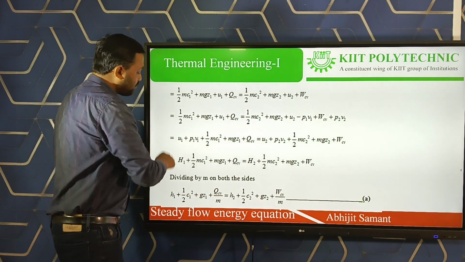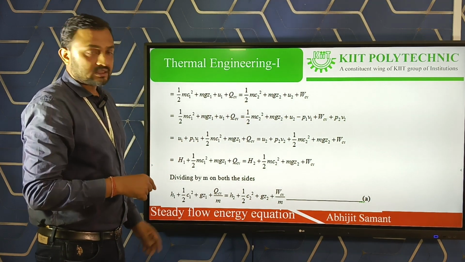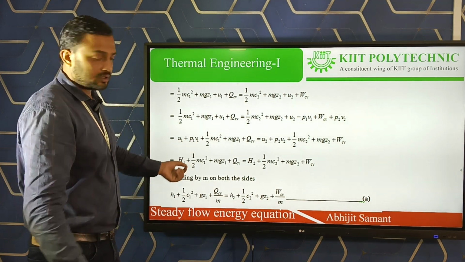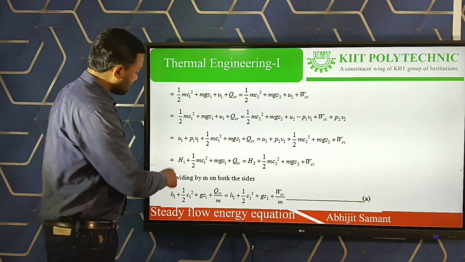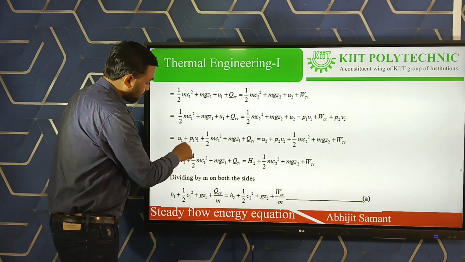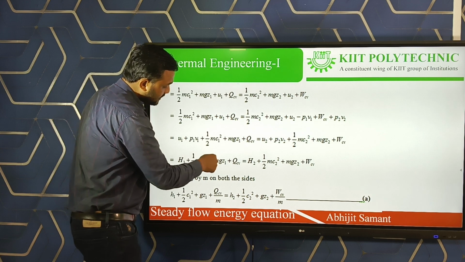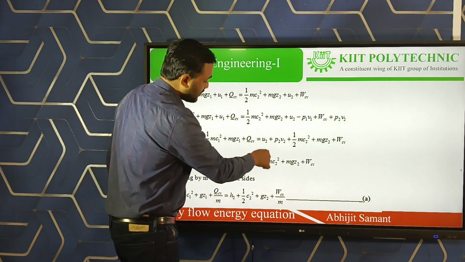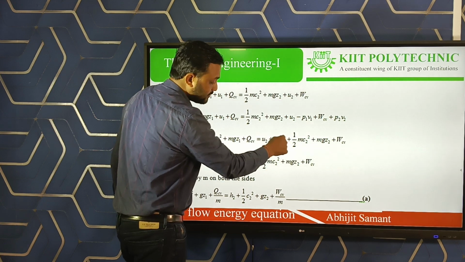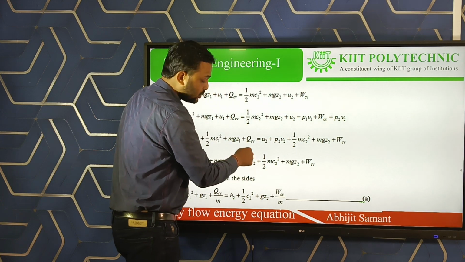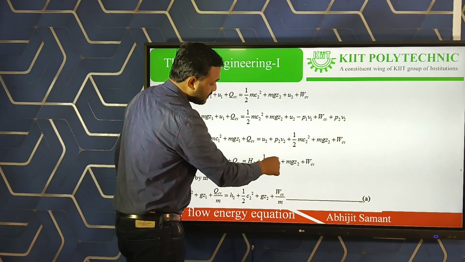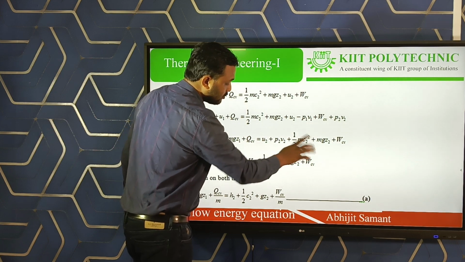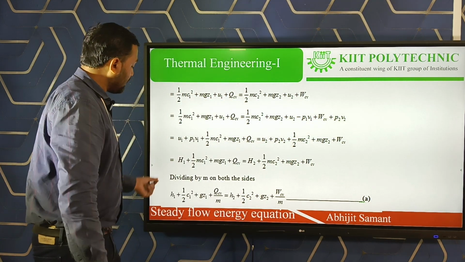U1 plus P1 V1, we know, is enthalpy, that is H1. So H1 plus half m C1 square plus mg Z1 plus QCV is equal to H2, since U2 plus P2 V2 is termed as H2, plus half m C2 square plus mg Z2 plus WCV.